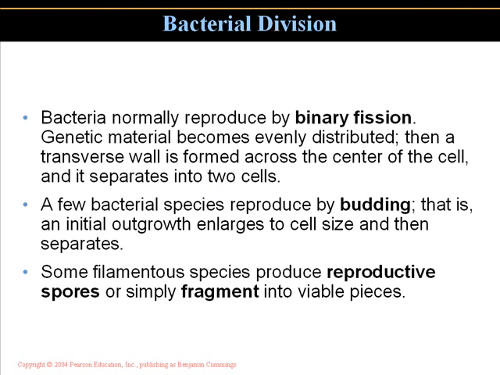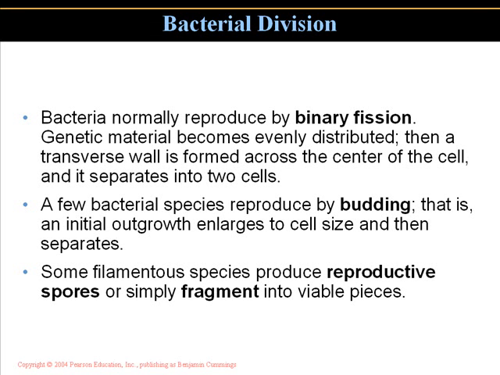Your book gives some illustrations of binary fission. In bacteria normally reproduced by this method, genetic material becomes evenly distributed. Then transverse walls form across the center of the cell, and it separates into two cells. You will see a little furrow develop between the cells, and then two individual cells will be produced.